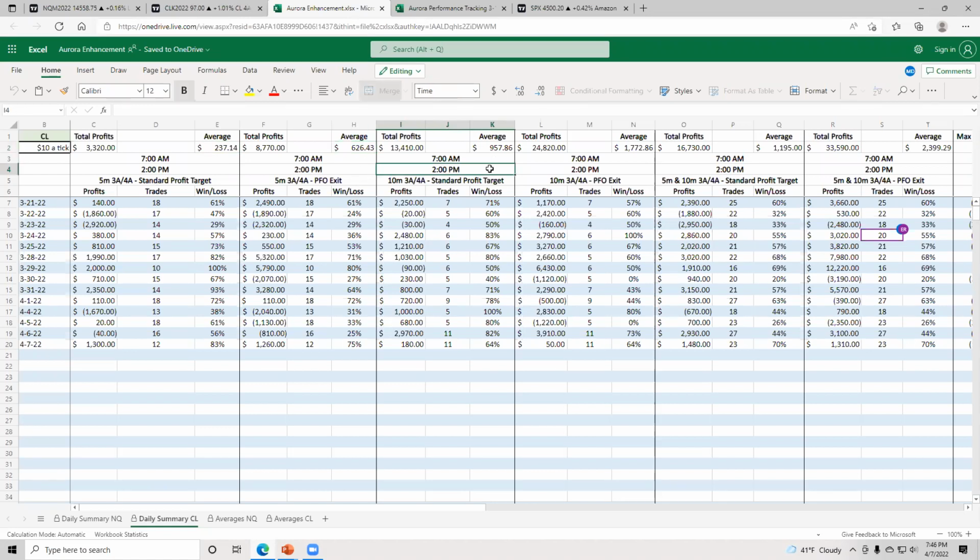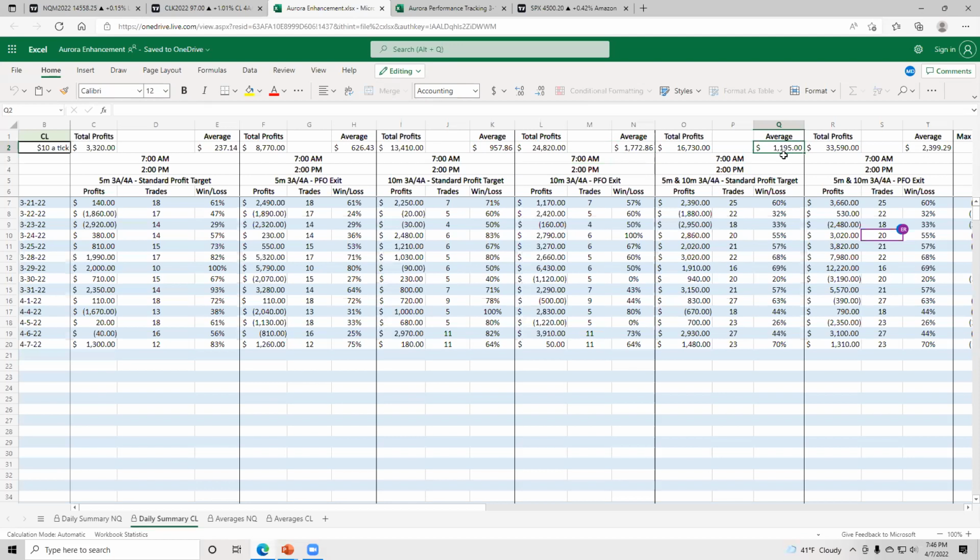And then taking the 10-minute with the standard profit target of 20 ticks is just under $1,000. And then the 10-minute holding for the PFO exit is $1,770. And then the combined standard is $1,195.